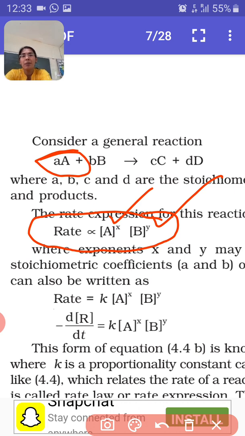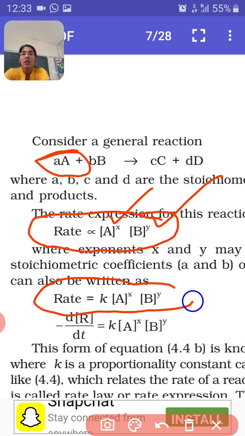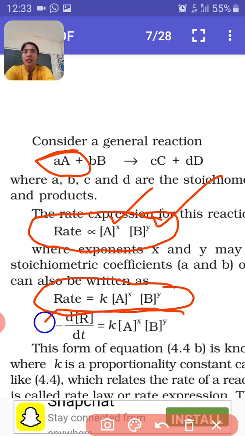So, replacing the proportionality sign with a constant, we get this equation: rate equals k, which is also known as rate constant or the reaction constant, into concentration of A raised to power x and concentration of B raised to power y. The differential rate equation can be given in this form: minus dR by dt equals k into [A] to the power x into [B] to the power y.